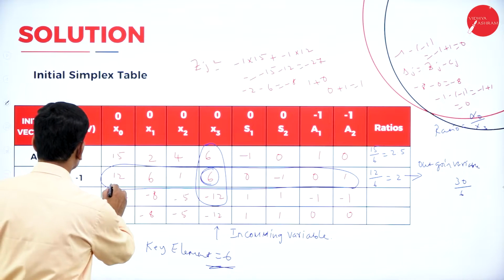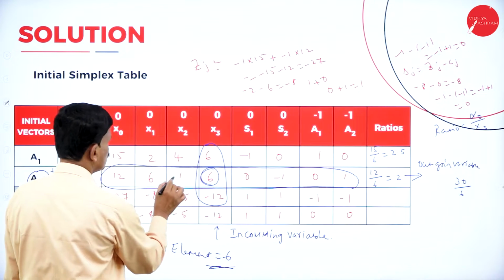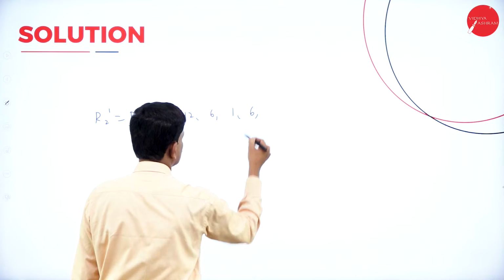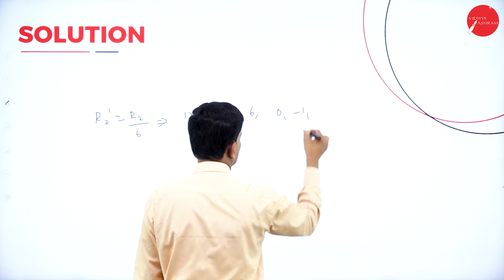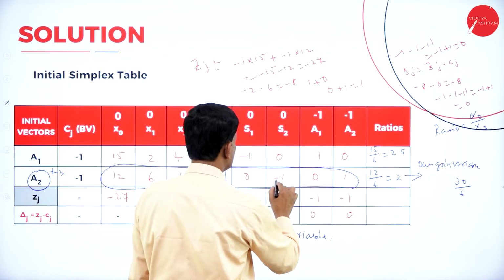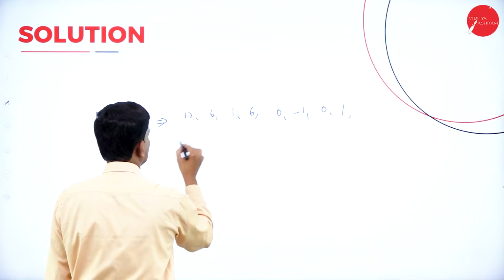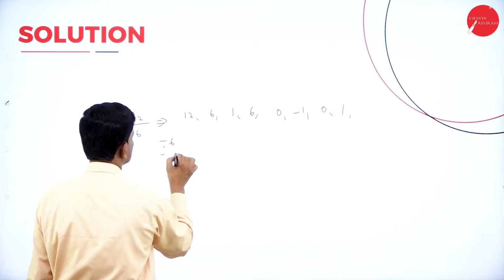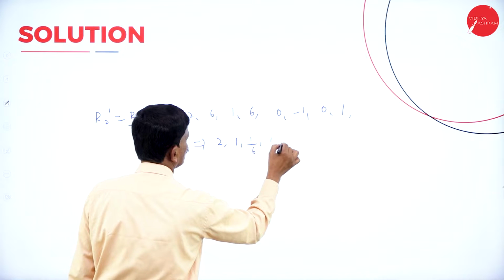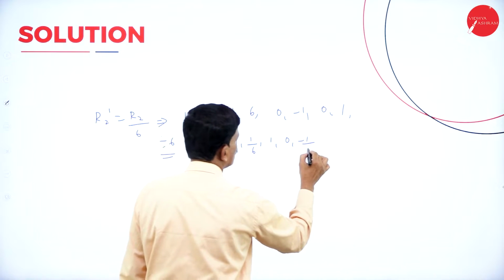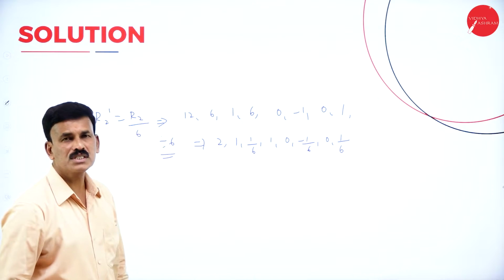What are the elements of R2? 12, 6, 1, 0, minus 1, 0, 1. Now divide each and every element by 6. If we divide by 6, what will we get? 2, 1, 1 by 6, 0, minus 1 by 6, 0 and plus 1 by 6. These are the values.